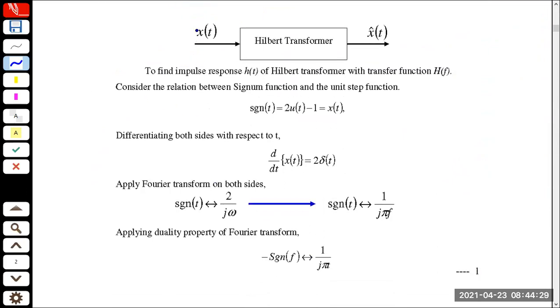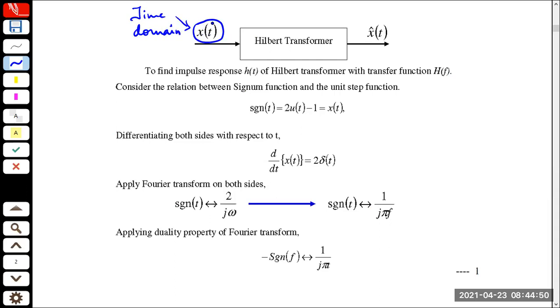So in general, if I take up any signal like x of t, you can see that x is a function of time, meaning the signal that I have considered is right now in the time domain.